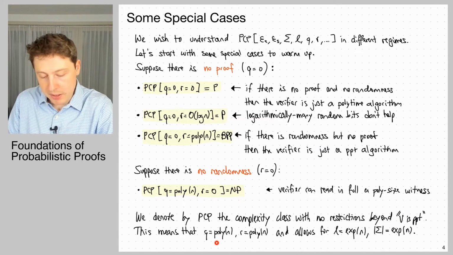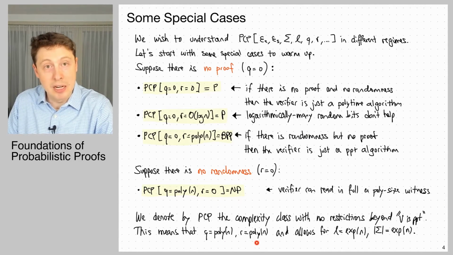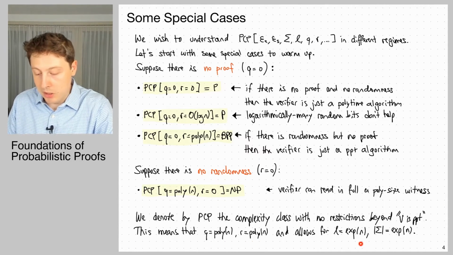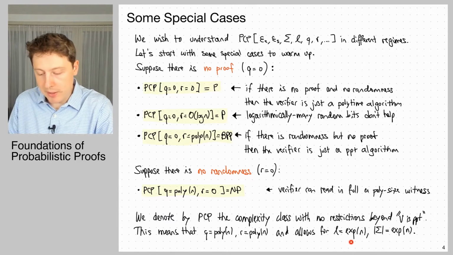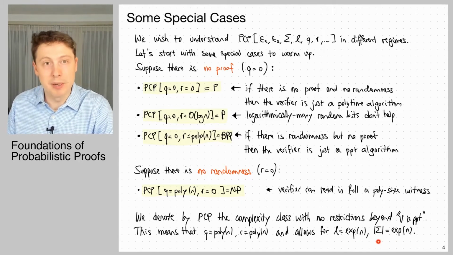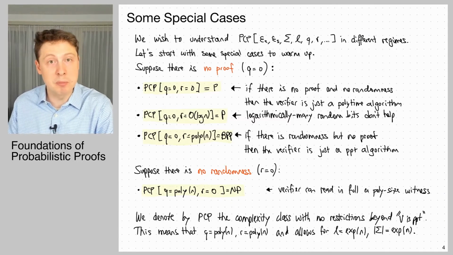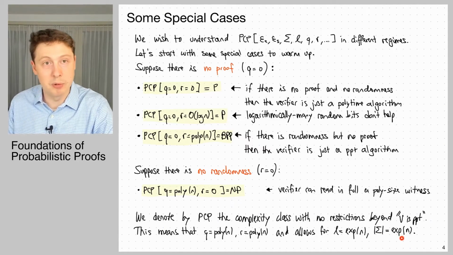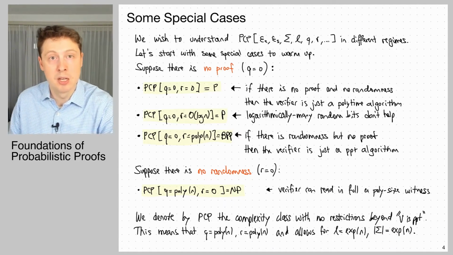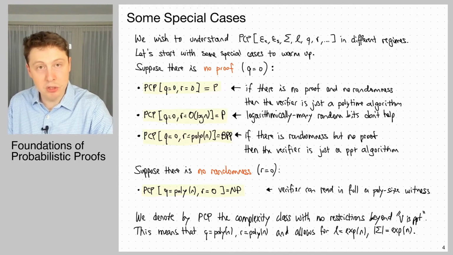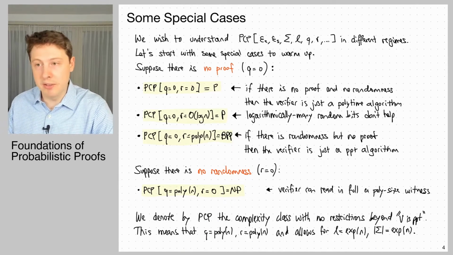This means I would be allowing the number of queries up to poly n, randomness up to poly n, and notice that because it's a polynomial time algorithm, you can index into a proof that could be exponentially large, and you could read from an alphabet that is exponentially large, because a symbol from an exponentially large alphabet would have polynomial size, right? So PCP on its own without restrictions is considering polynomial size oracle algorithms that index into exponentially large proofs, okay?